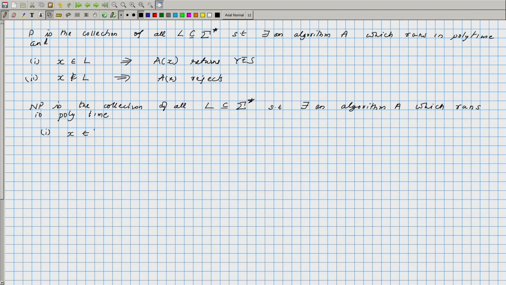If x belongs to L, then that would imply there exists a y, and the length of this y is bounded by a polynomial in the size of x. So, y should be less than p of x, and the algorithm now has two inputs, and A x y accepts.